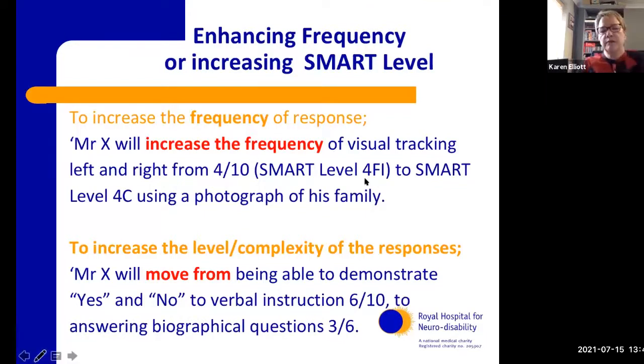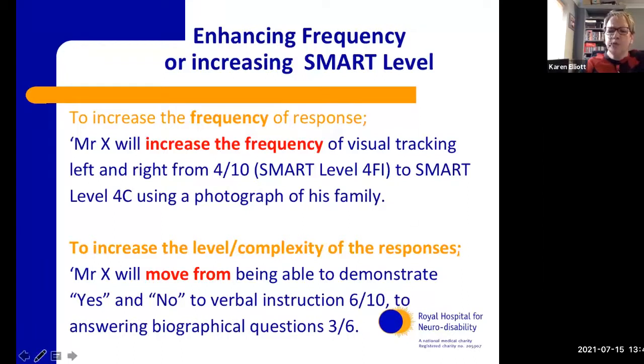And one of the things that we found that often trips clinicians up is that they jump too far ahead. So trying to get communication when somebody perhaps isn't sustaining visual localization on a person or on a yes/no card. So it's about making sure that things are staged, that you make decisions on whether you are trying to increase the frequency that somebody's doing something, as in the top example, or trying to increase the complexity and the level of responses, which is the bottom example.